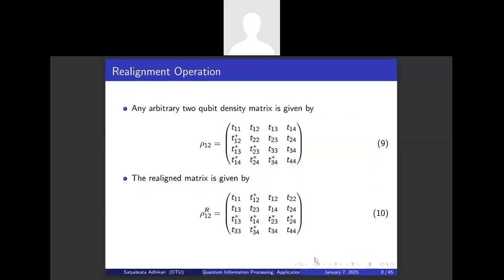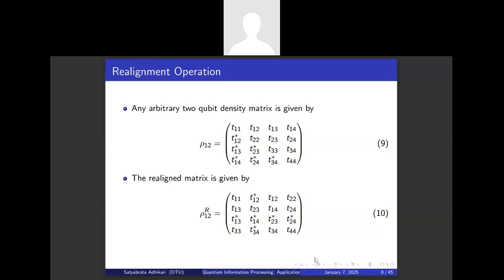First of all, let me tell you what the realignment operation is. As I have said, it is another kind of arrangement of the matrix elements. Again, let us consider the two-qubit density matrix, given by this equation 9. When we perform the realignment operation on rho_12, the state looks like this, equation 10. How have we obtained this?